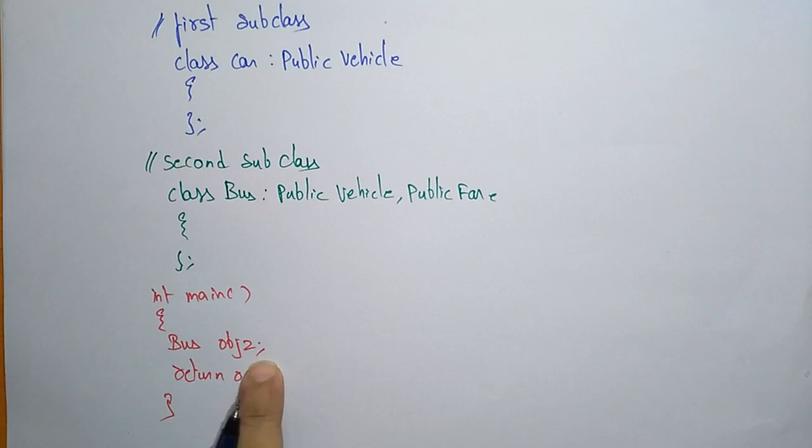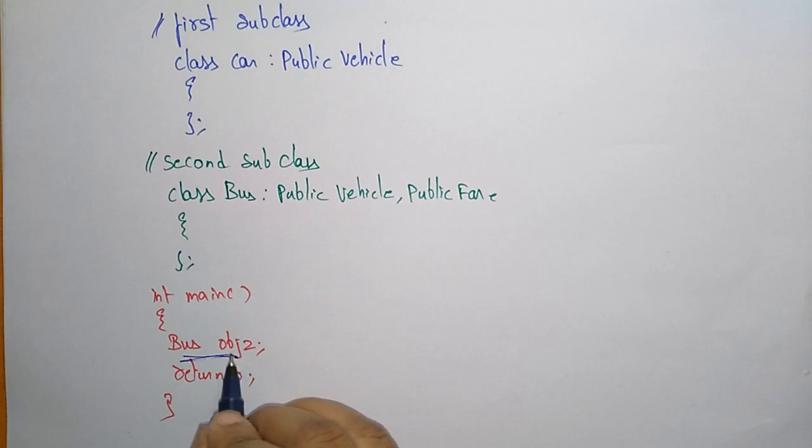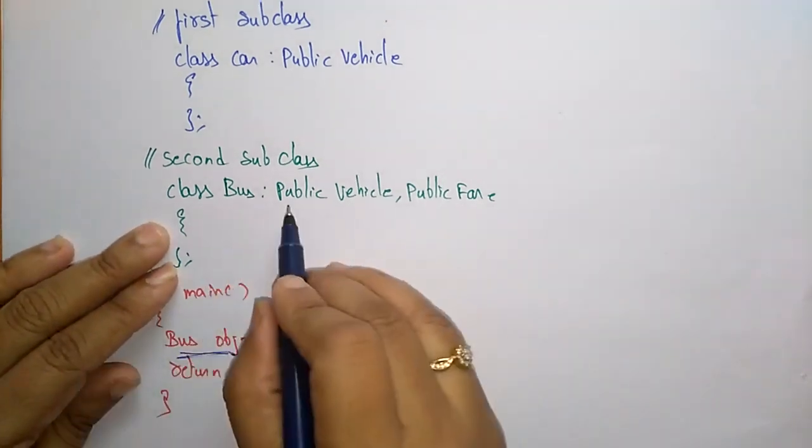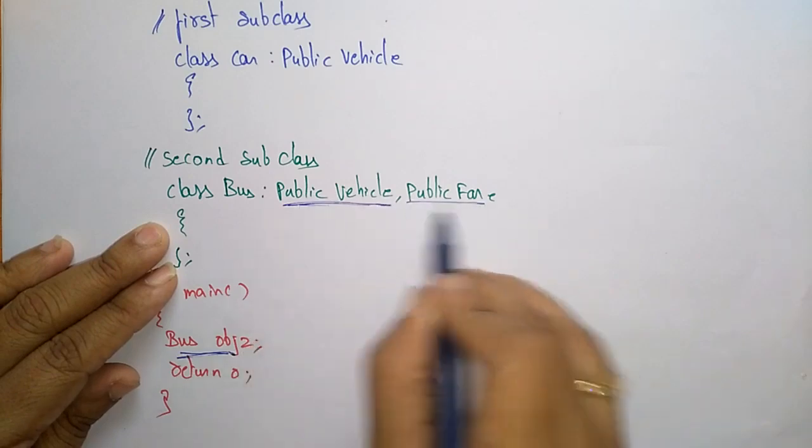Creating an object of the subclass will invoke the constructor of the base class. So whenever I create the object Bus obj2, first it enters here, and it inherits the properties of Vehicle and Fare.